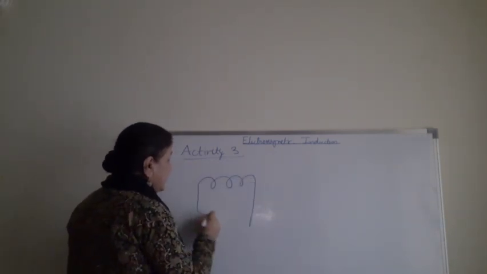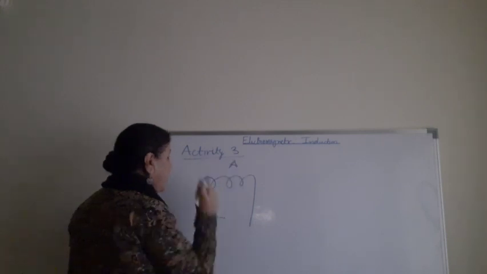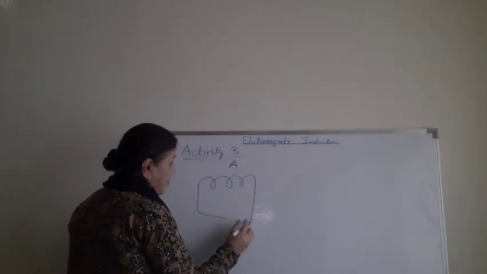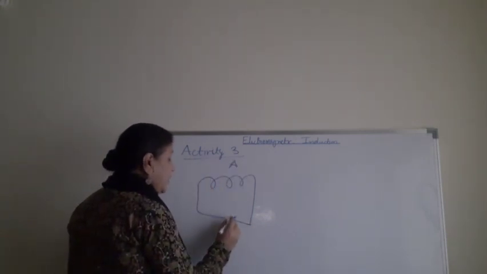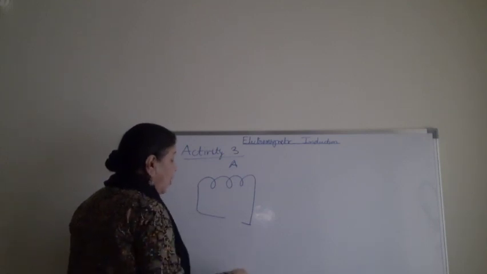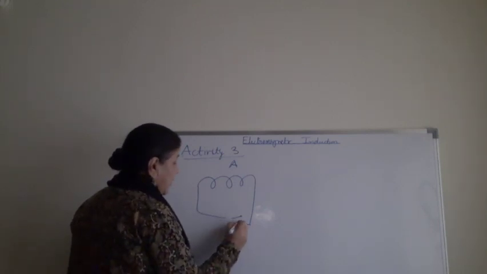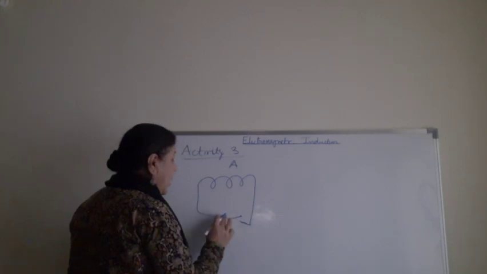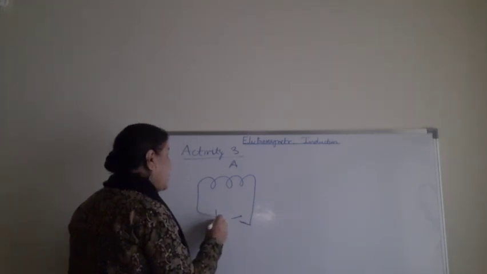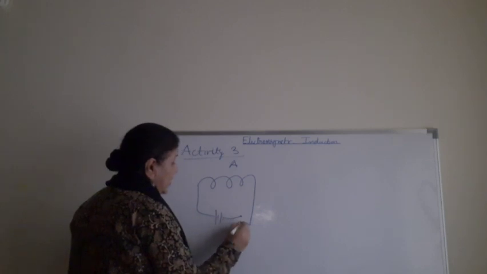coils. Say this is coil A, and we have the switch here or the key, and here it is connected to a battery, right?